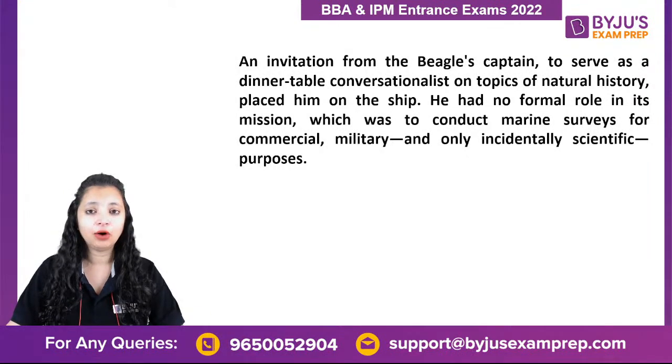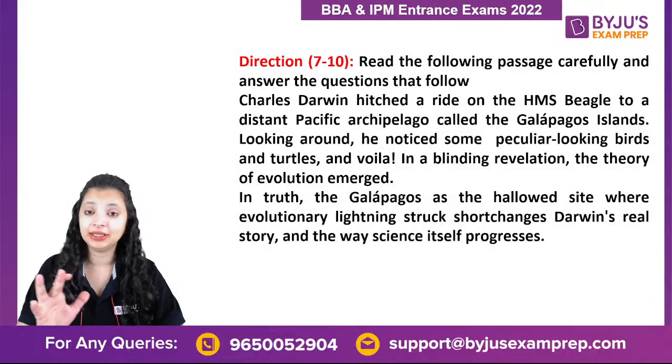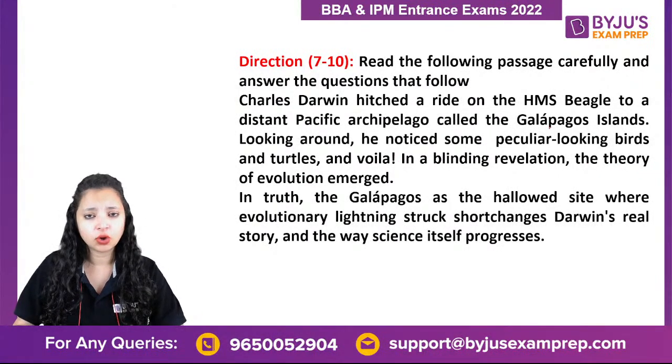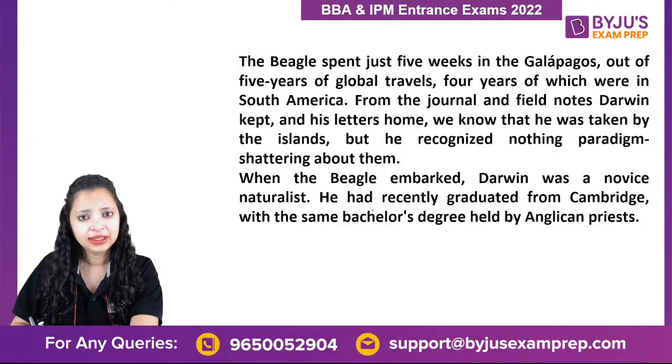Make a story in your mind while you were reading this. You should have built a story by now of how it started. He went to an island and he noticed something, and while he was noticing something, the theory of evolution emerged. And then it talks about a description of what he saw in the islands, why did he go to the island, what did he study, and everything else.